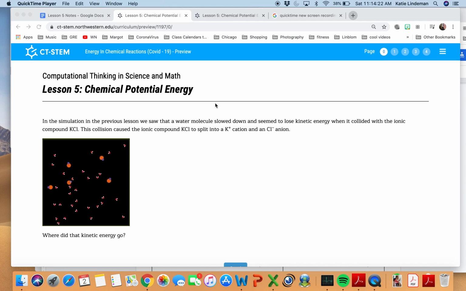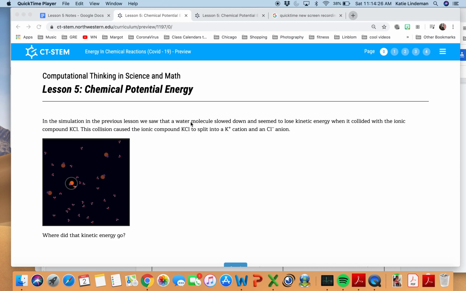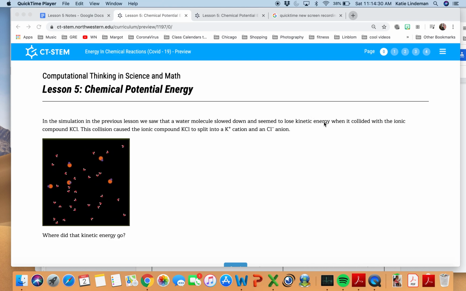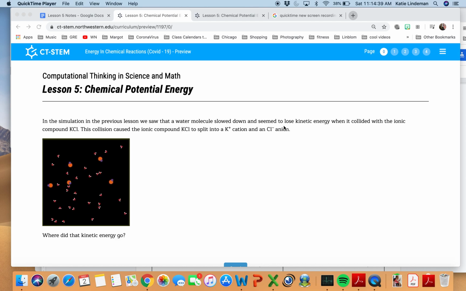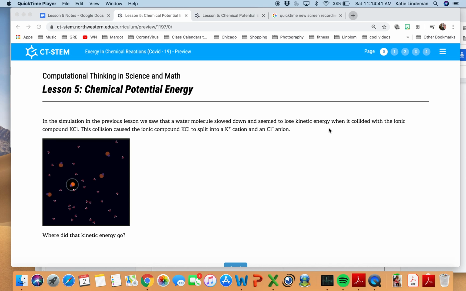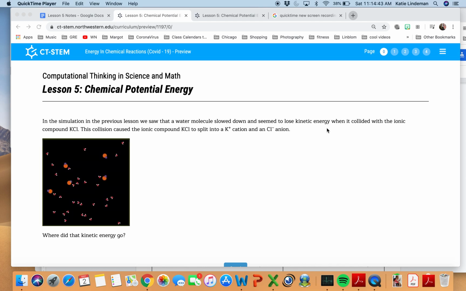Okay, so just to make sure that we're all on the same page here, we saw the water molecule slow down, meaning it lost kinetic energy. It is intended that as you're reading through this, you are cued to the fact that if the water molecule lost kinetic energy, that means that we have a loss in temperature, okay?